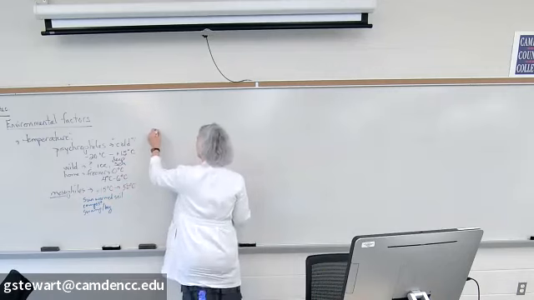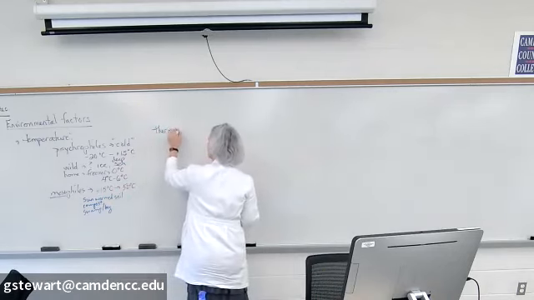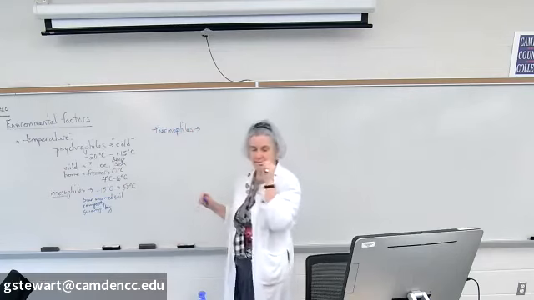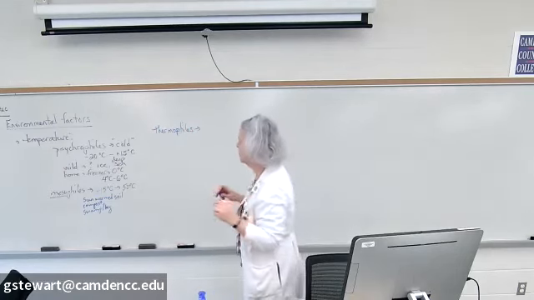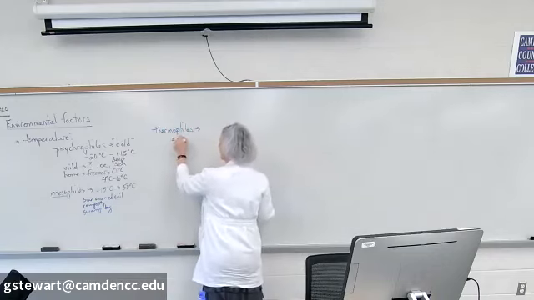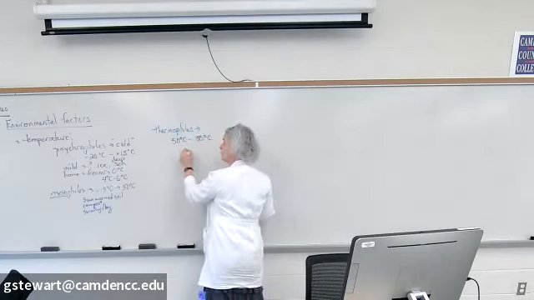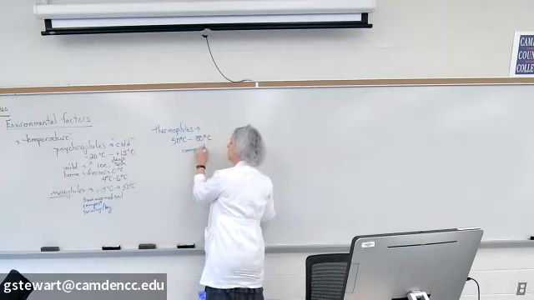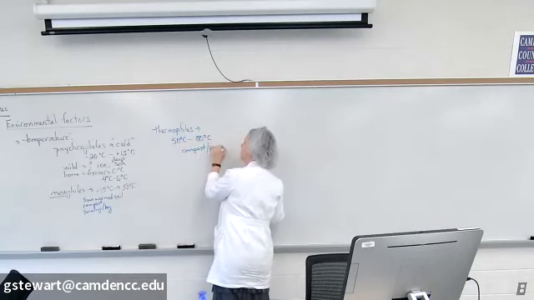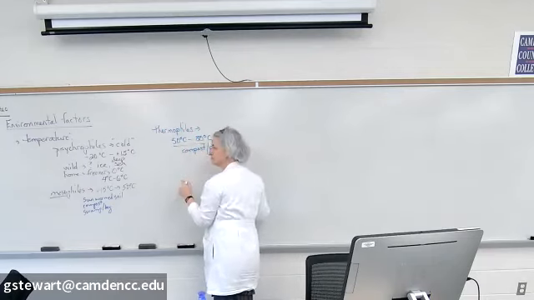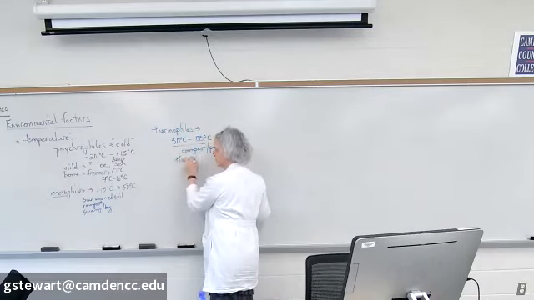What about thermophiles? What do you think they like? I think the regular thermophiles we put at 50 to 80. And those also could be in a compost pile, peat bog, thermal vents maybe.